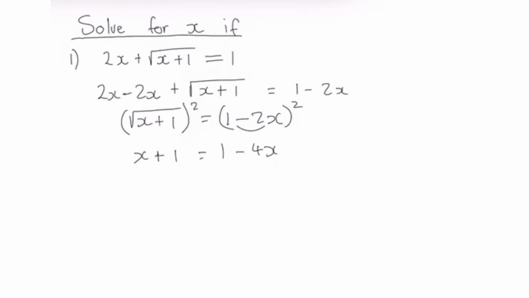It will be 1 minus 4x, and then you get minus 2x all squared, and your answer is going to be positive 4x squared.